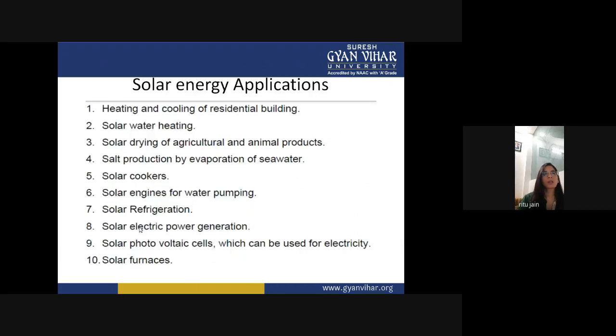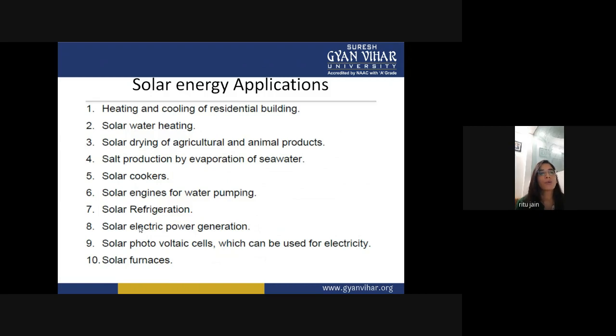Now, solar energy applications. Solar energy can be applied in many areas. Nowadays, it is very popular. So, number one, heating and cooling of residential buildings. You are using solar power plants. Second is solar water heating. Third is solar drying of agriculture and animal products.